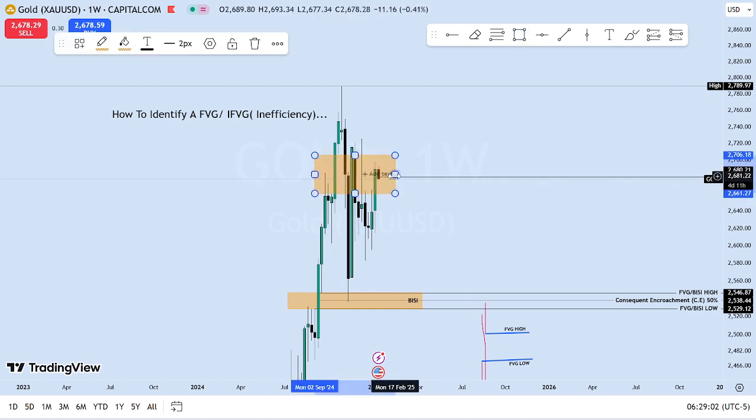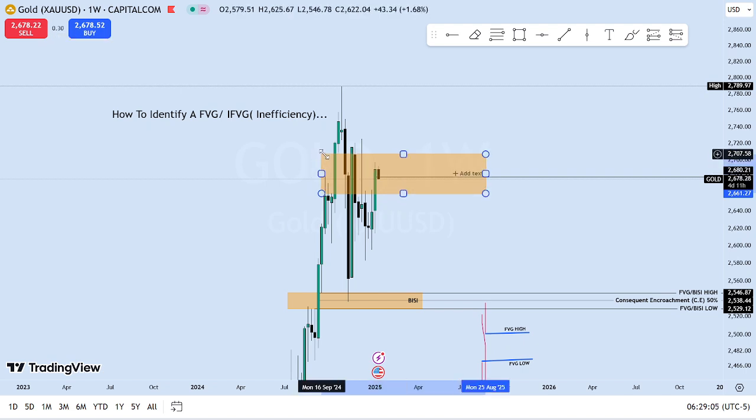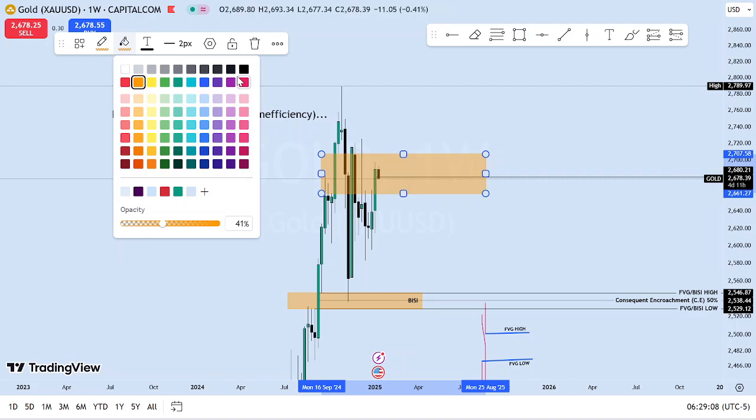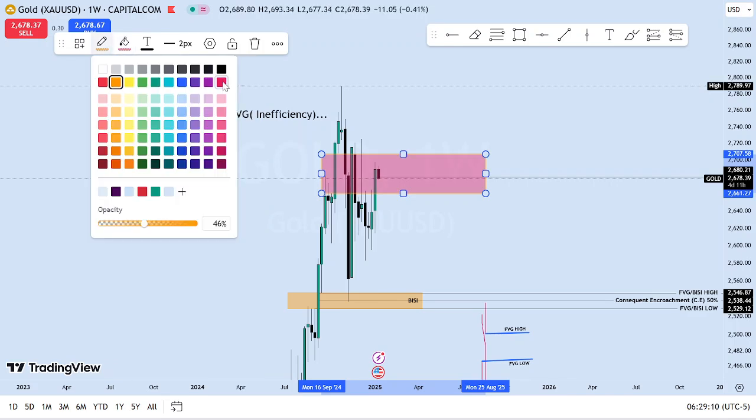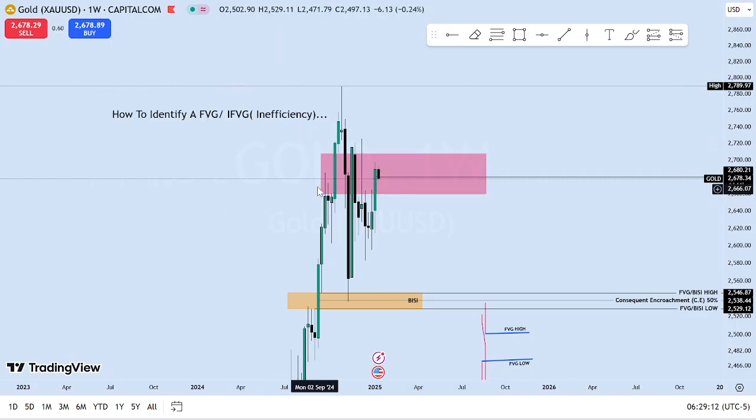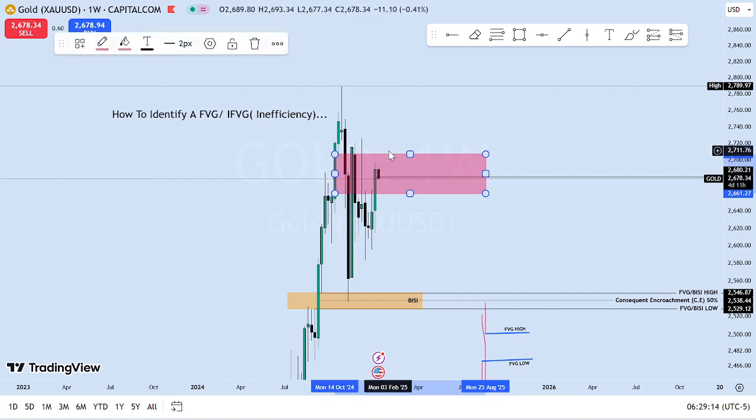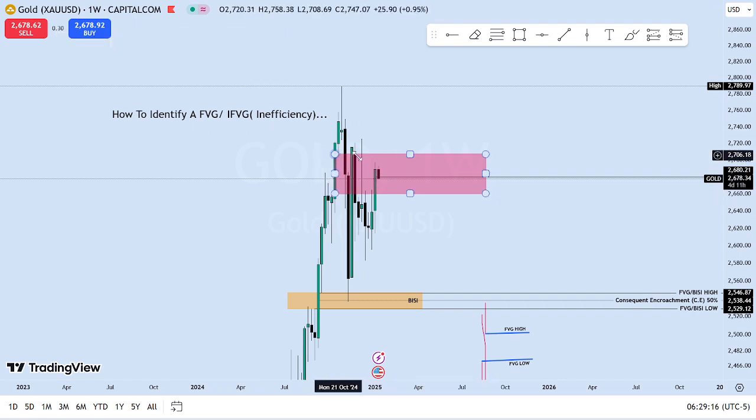That's how you annotate it. You can change the color to your own preference. So as price has violated this fair value gap, it's now acting as an inversion.